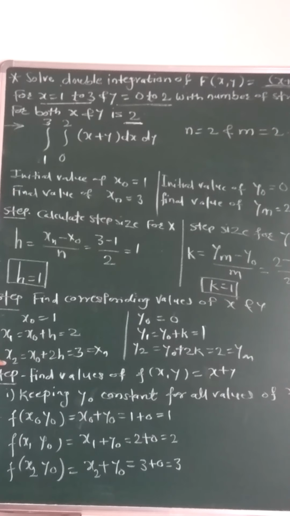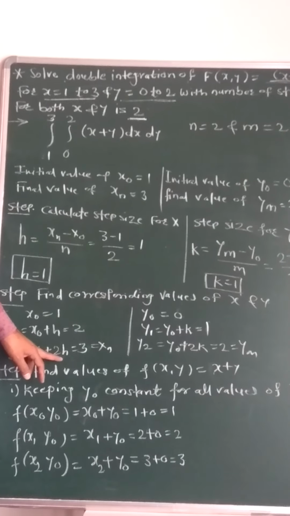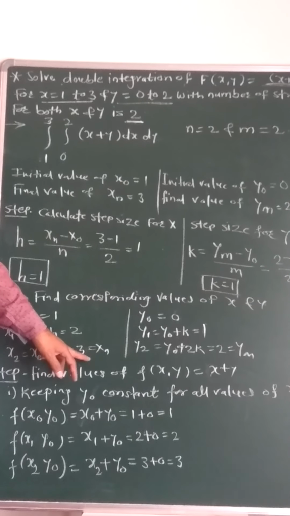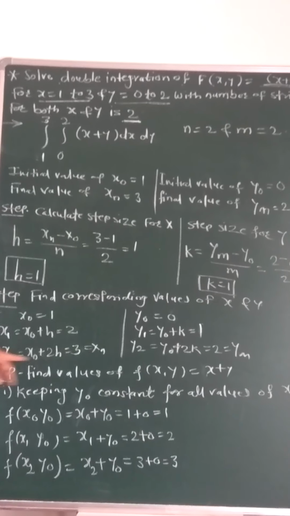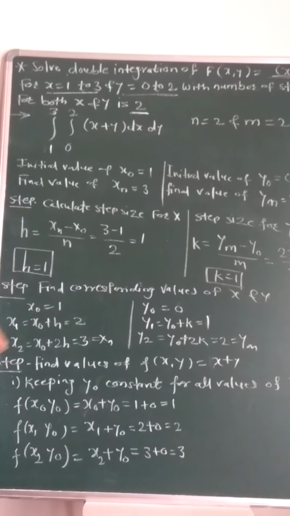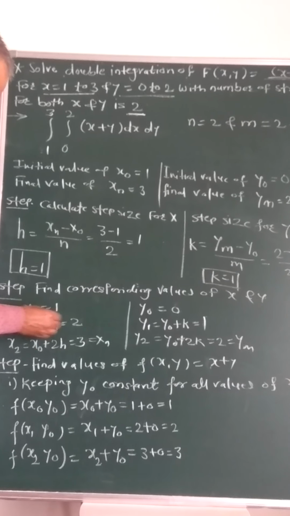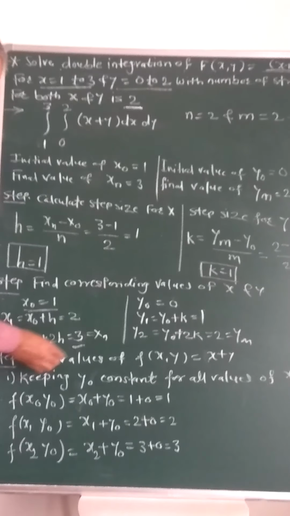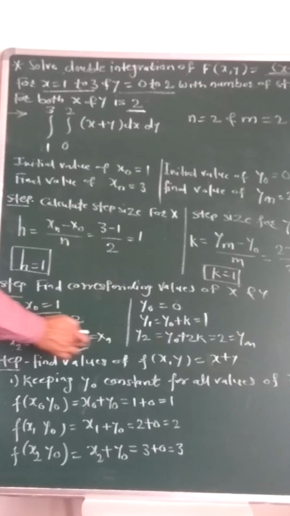The next value x2 is equal to x0 plus 2h, x0 is again 1, 2 into 1, that is 3. Therefore, x2 is equal to 3, which is the last value, that is xn. As the limit x0 is equal to 1 and the last limit is 3, this value is xn.